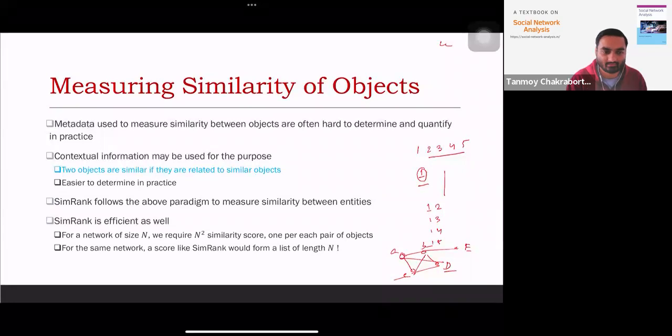So this is the idea. Now, how do you define context? Here we define context based on the direct neighbors. You can also define context based on multi-hop neighbors, say hop 1, hop 2, and hop 3, and so on.